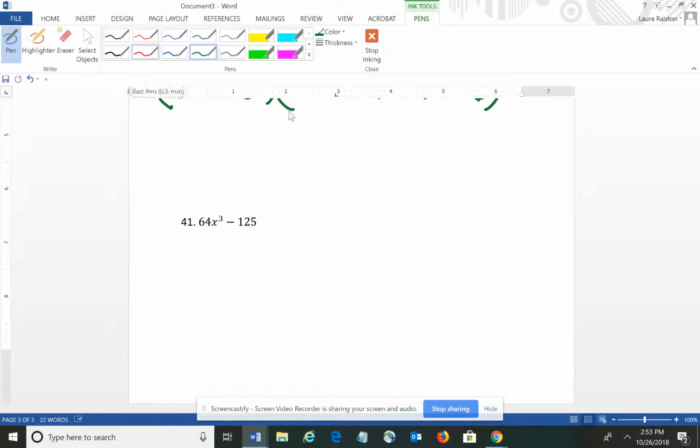Okay, one more. Looking at this one, 64x cubed minus 125. If I'm thinking about it, it doesn't appear to have a greatest common factor. I think about it being a cube because I have that exponent of 3, and I have a minus sign between them. So this one makes me think of the difference of two cubes.